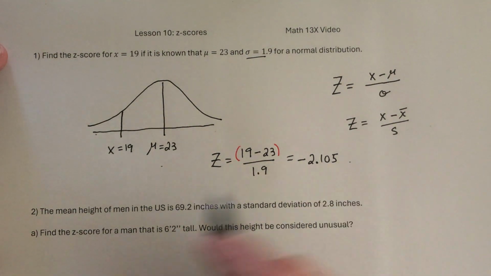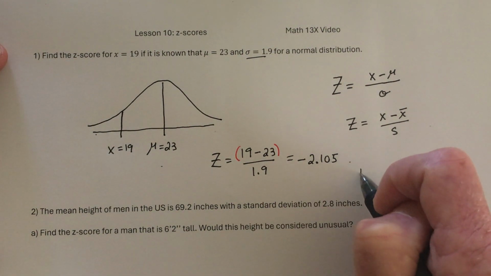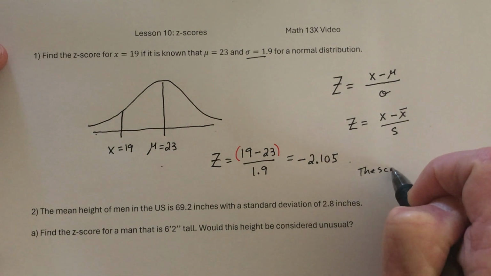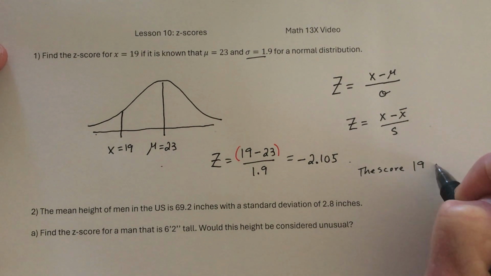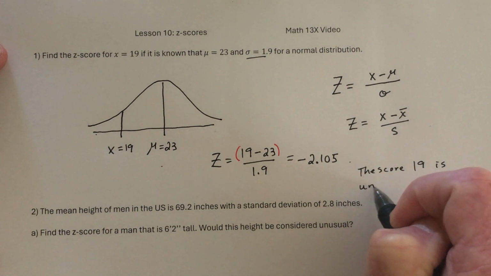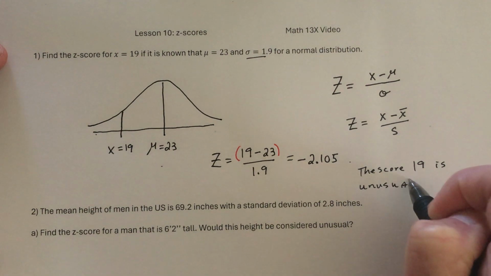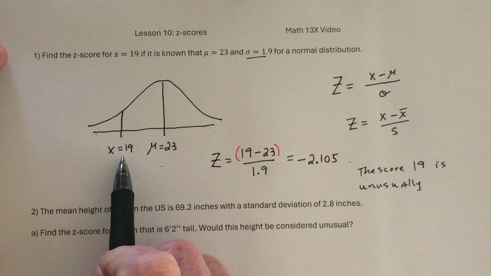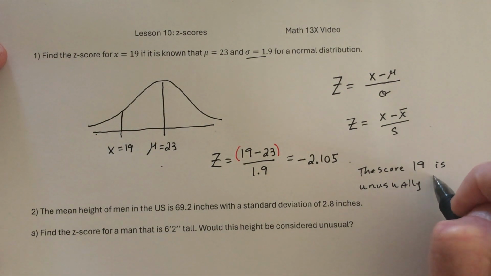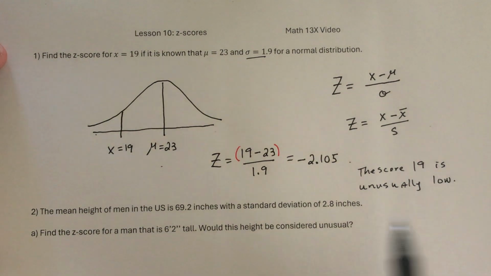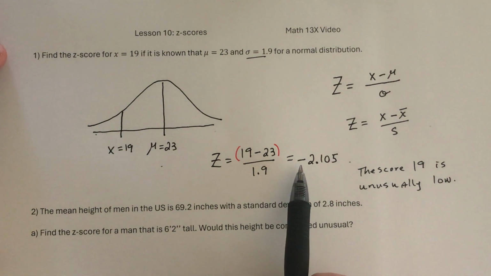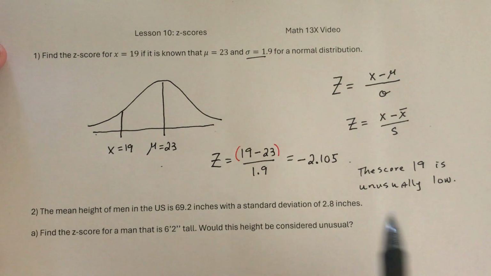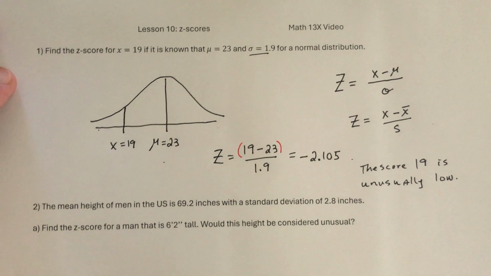So that means that the score of 19 is unusual, and because I got a negative and because it's below average, it's actually unusually low. A negative means below average, a positive means above average. Anytime it goes beyond 2, that's considered unusual. All right, the next one.